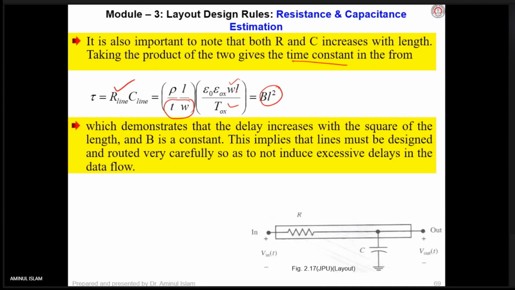So as you can see, the time constant goes as length square, so it is squarely dependent on length. A lengthy wire is difficult for us, because it is going to reduce the circuit speed drastically.